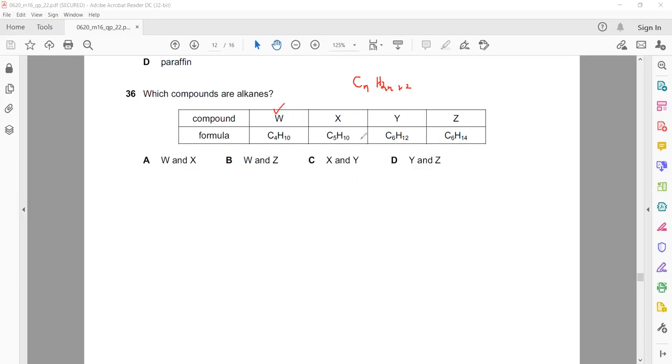So this is an alkane. X is not an alkane. Why? Because the number of hydrogens is only twice the number of carbons. C6H12 is also not an alkane. This is an alkene. So W and Z, B is the right answer.